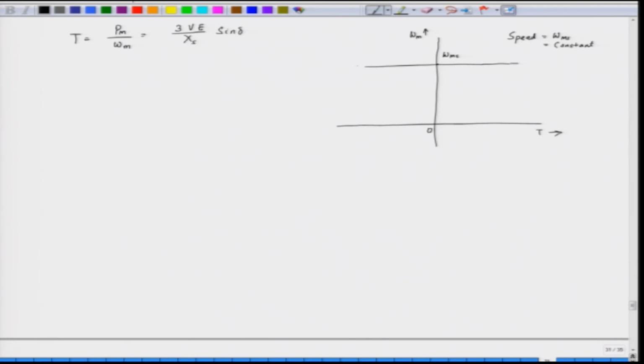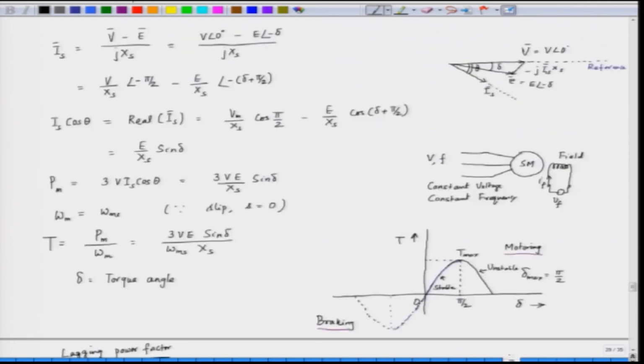This can operate at constant speed, but the maximum torque is T maximum. So, what is T maximum? If we go back, this value is T maximum, and it can operate under braking mode up to minus T maximum as well, which corresponds to delta equal to minus pi by 2.